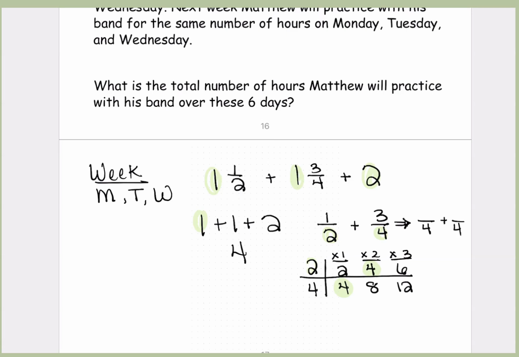That is my goal. So how do I change that 2 to a 4? Well, I multiply it by 2. So I take this entire fraction here and I multiply it by 2. 1 times 2 is 2. 2 times 2 is 4. How do I change this second fraction?